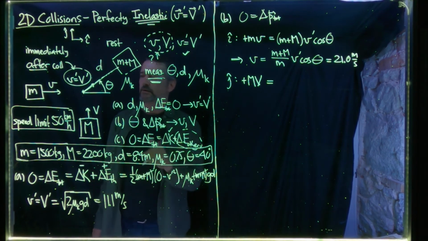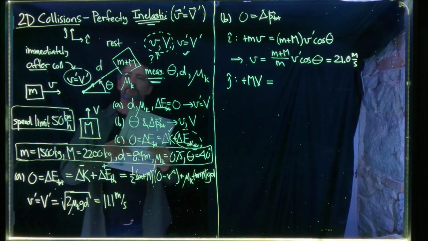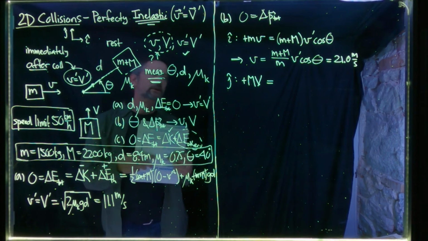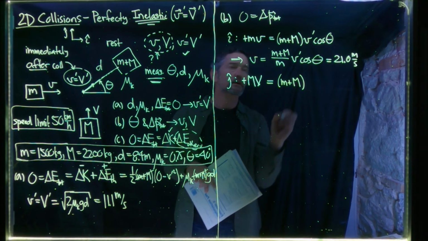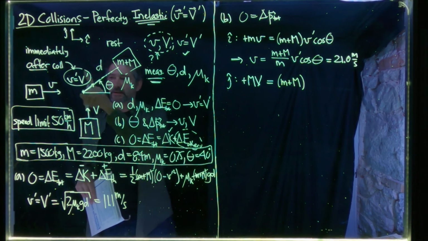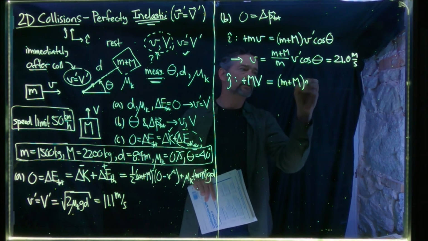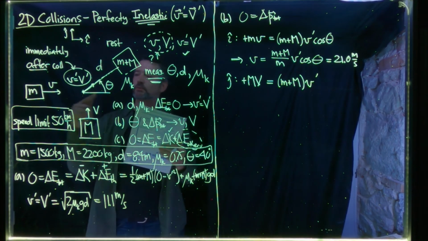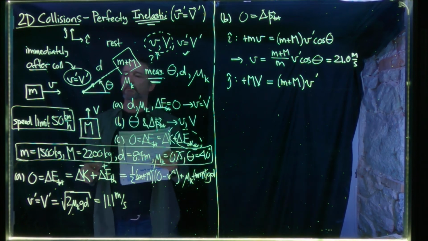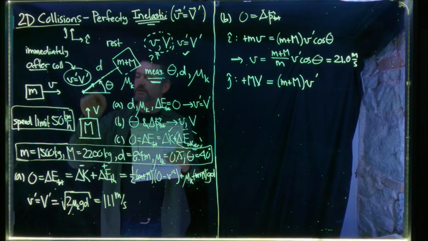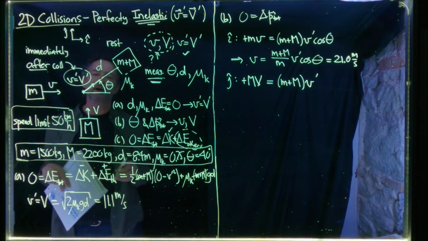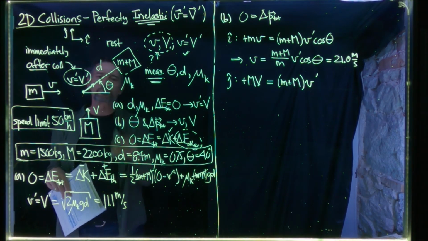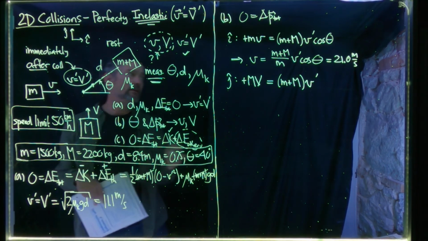And the total final momentum is of an object of mass little m plus big M moving with a speed little v prime equal to big V prime. That's the total momentum of the clumped together masses immediately after the collision, and we're interested in the y component, the j hat component, the projection onto the vertical direction, and so that's going to be a sine theta.